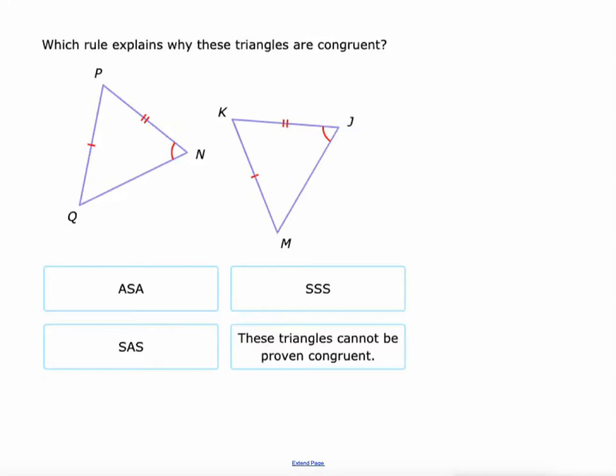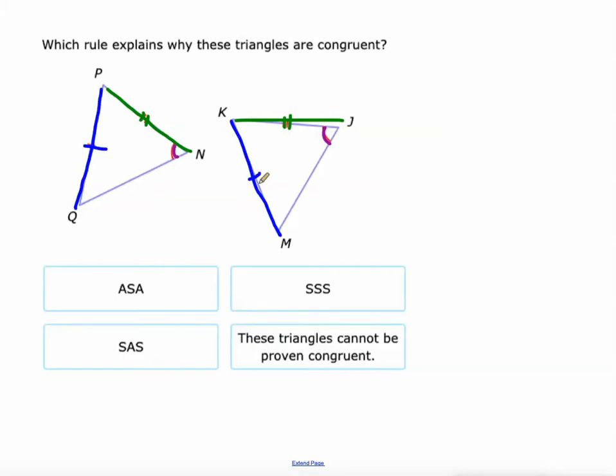All right, we have three pairs here. Are these congruent to each other? Well, we've got this side congruent to this side. We have this side congruent to this side. However, this angle, which are congruent to each other, are not in between the sides.